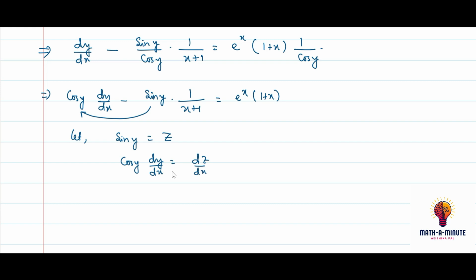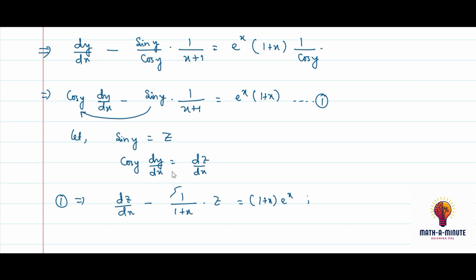And if we put the value of cos y dy/dx in equation 1, so equation 1 will be dz/dx minus 1 by 1 plus x into z equals to 1 plus x into e to the power x. And this equation, we can say it's a linear equation in z.